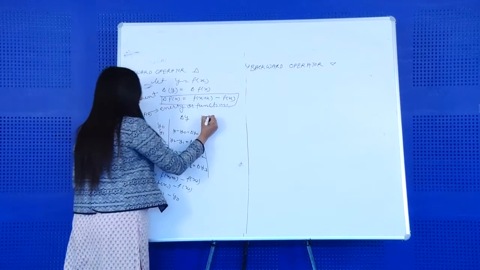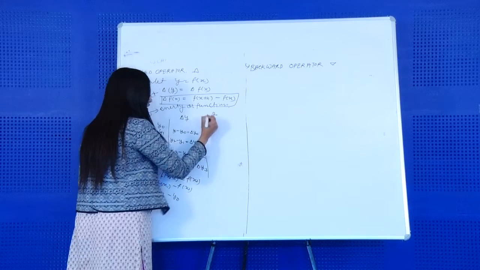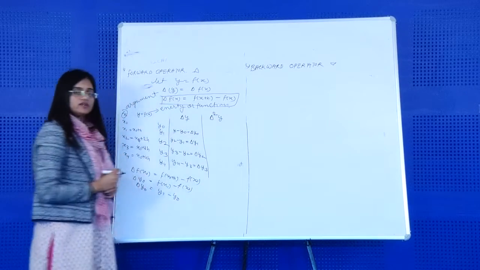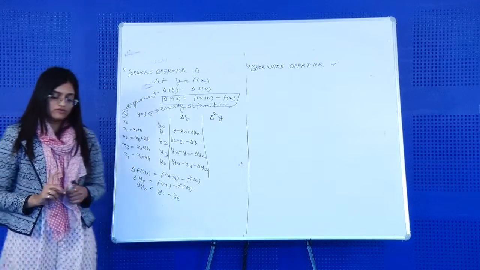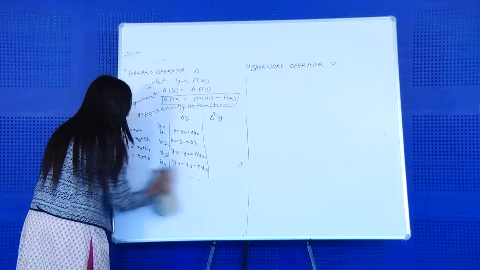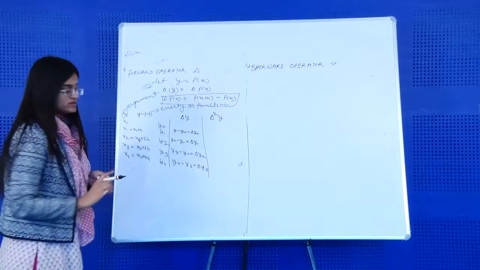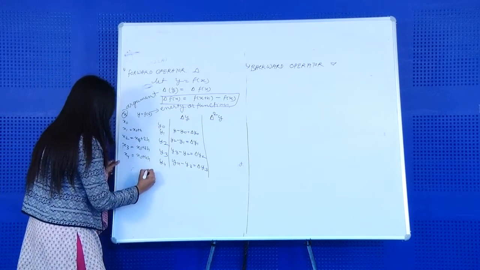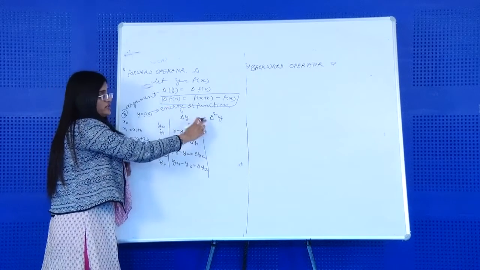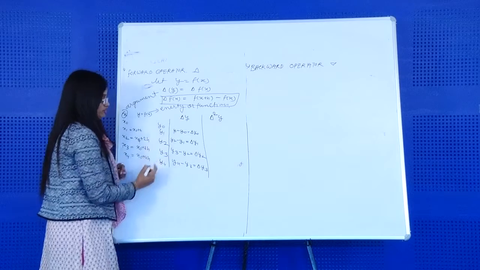If I get the second order of the delta, this is denoted by delta square of y. For the second order of the delta, my definition is quite different, so here I solve the entire definition for delta raised to power 2.